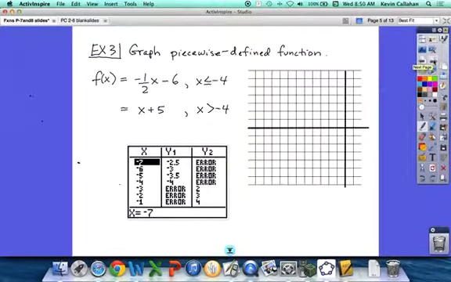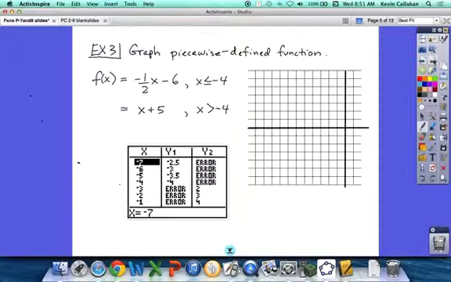Okay, then we graph piecewise functions. That's the other thing that's in this section, P.7, which I don't really find much in common with the library of common functions or parent functions.